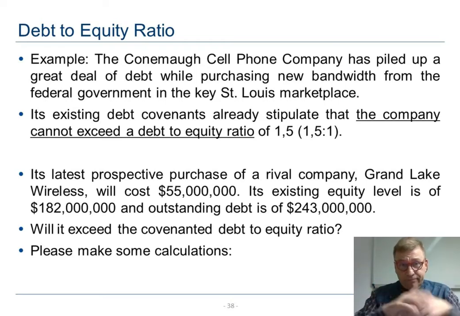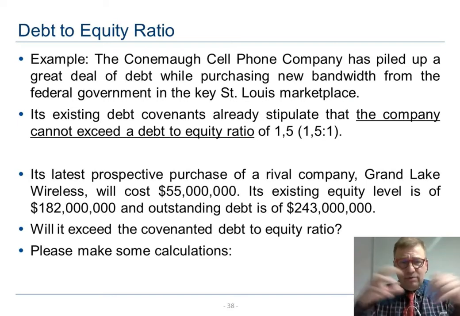But this Conmo company has a very good deal to do. They might buy a rival company. It will cost 55 million. It's quite a lot, but the existing equity level is 182 million. It's quite okay, but the outstanding debt now is 243 million.